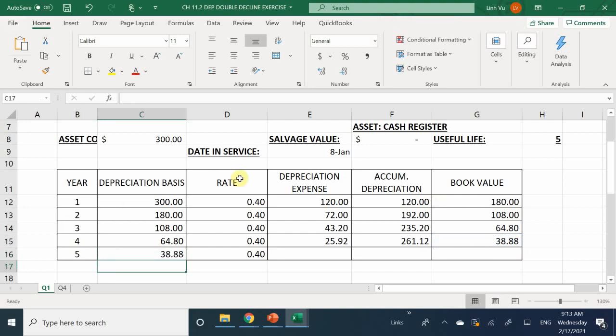What's 40% of 38.88? 15.552. Okay, good.